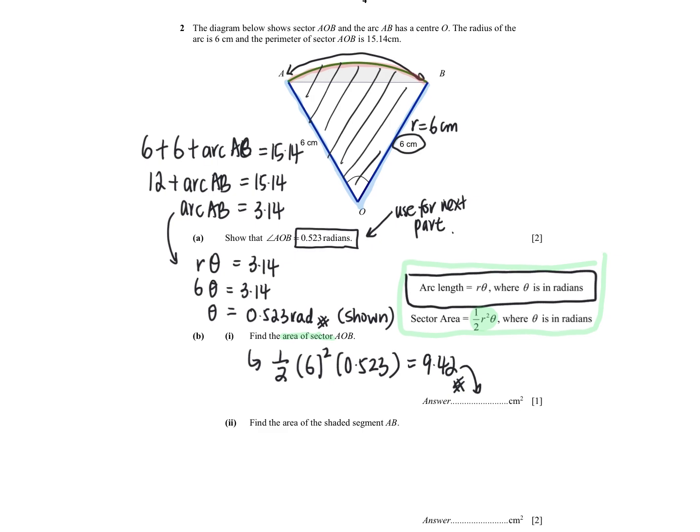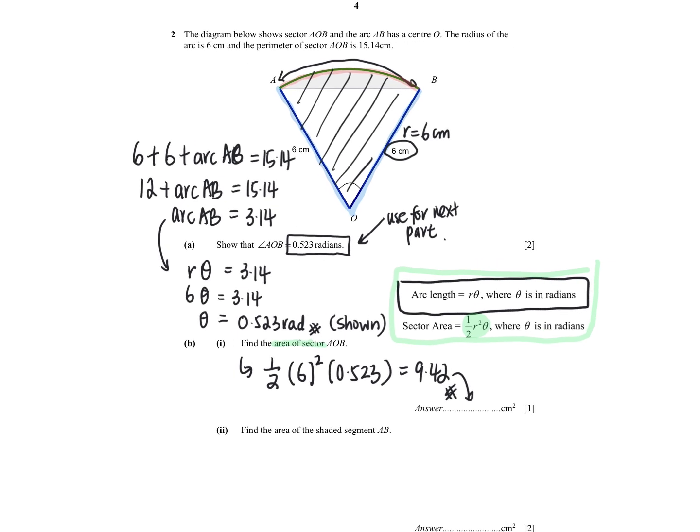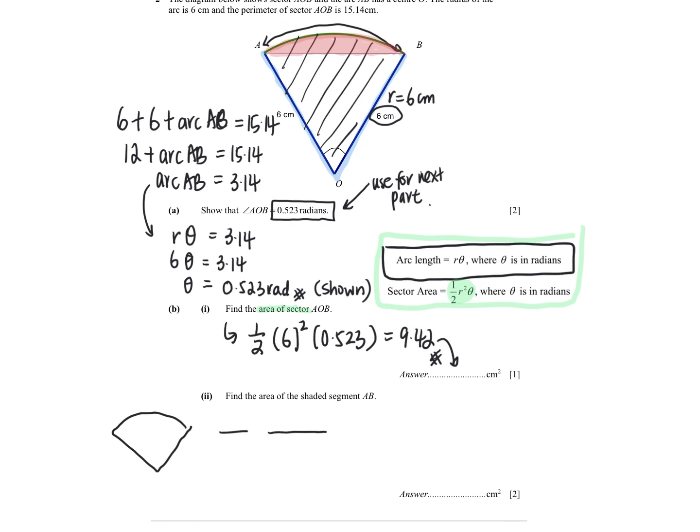Now question wants you to find the shaded segment only, this piece only. So what do you need to do? 9.42 minus, so the whole piece minus the triangle to find that little shaded part here.